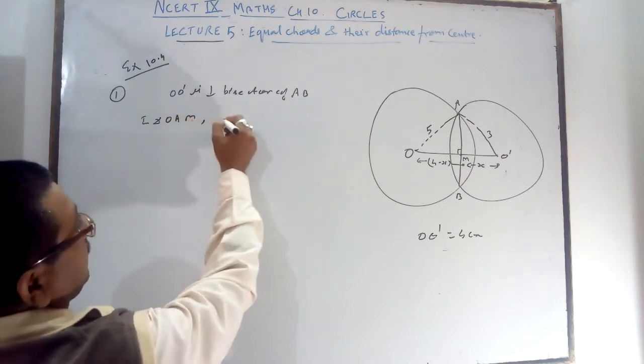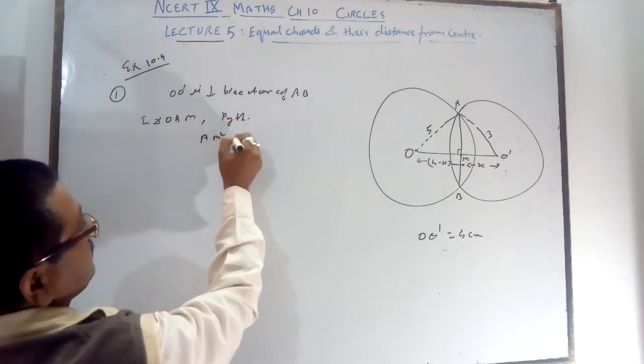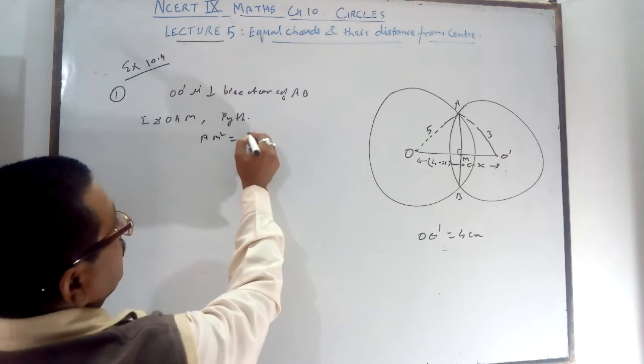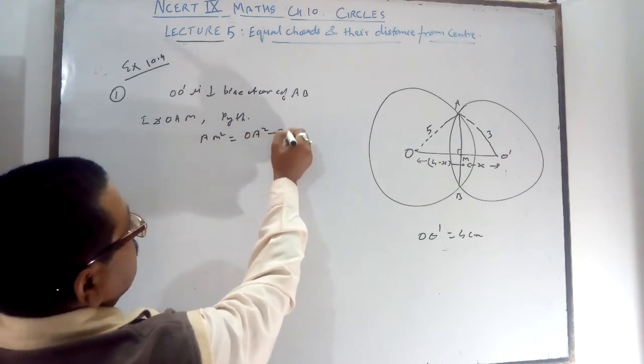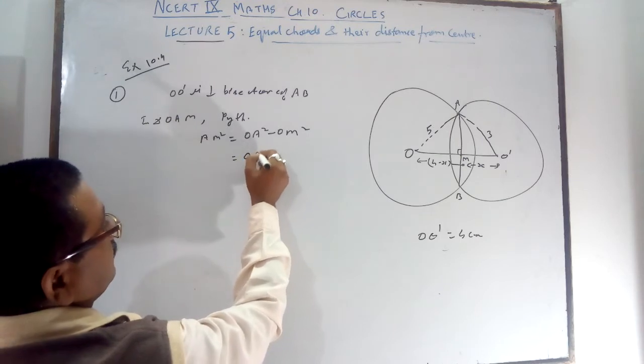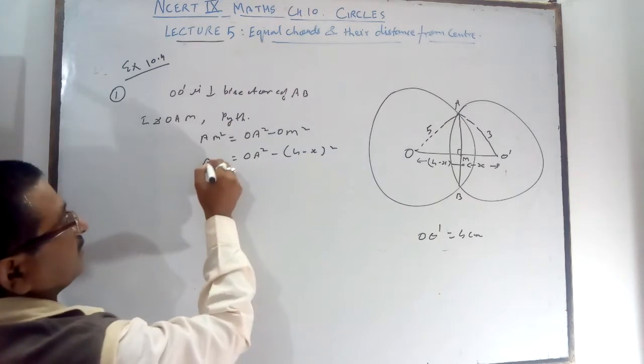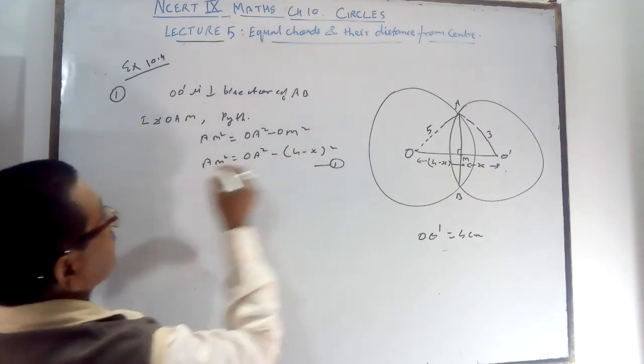So in triangle OAM, by Pythagoras, AM square is equal to OA square minus OM square, that is OA square minus (4 minus X) whole square. It is the first equation.